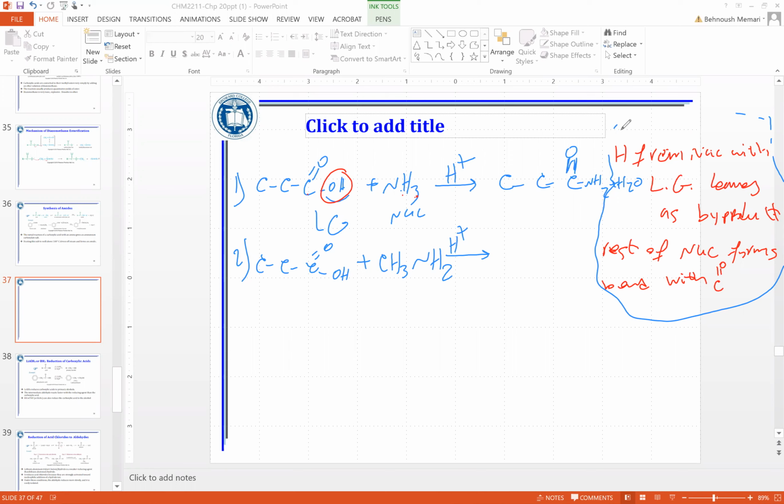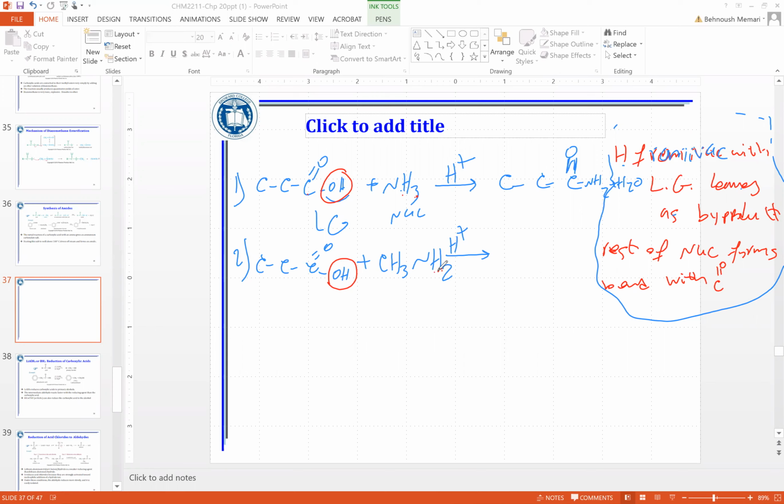Hydrogen from the nucleophile with the leaving group leaves as byproduct. So what would be the byproduct? The question is, what is the leaving group here? We already identified the leaving group for carboxylic acid: it's OH. Hydrogen from this NH2 with the leaving group is going to give us H2O as the byproduct.